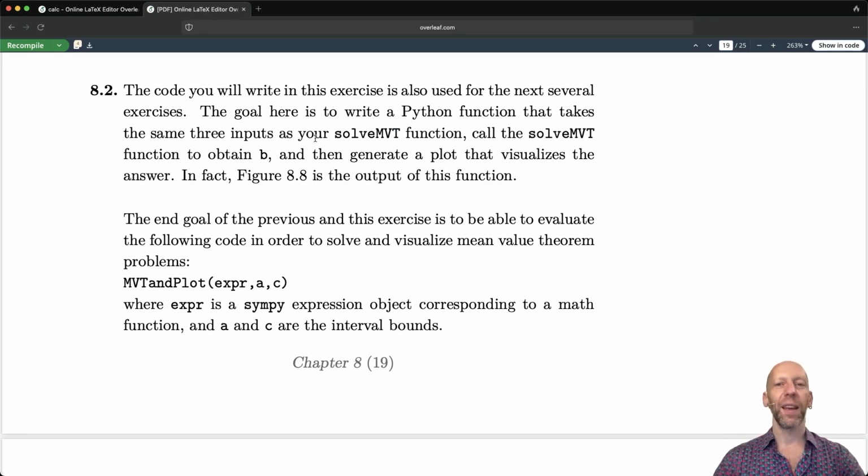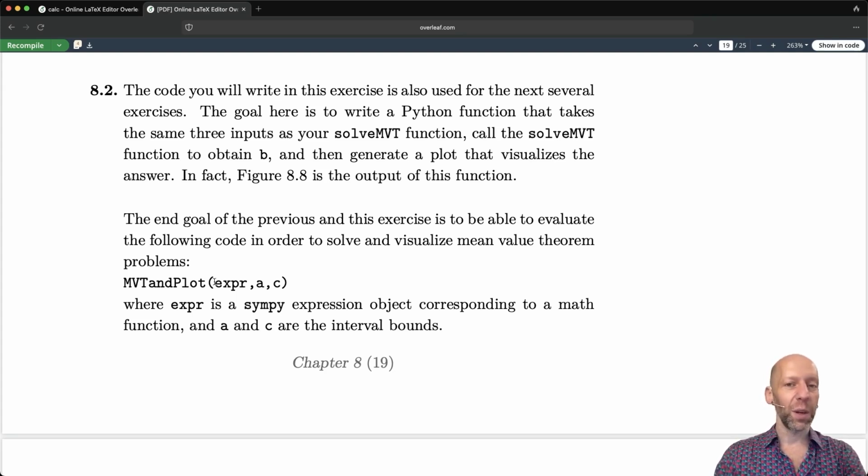We just got a number at the end. So the goal of this exercise is to take the output of that function and create a visualization. Your visualization should include the function itself, the secant line connecting the two points A and C, and also the tangent line at point B.